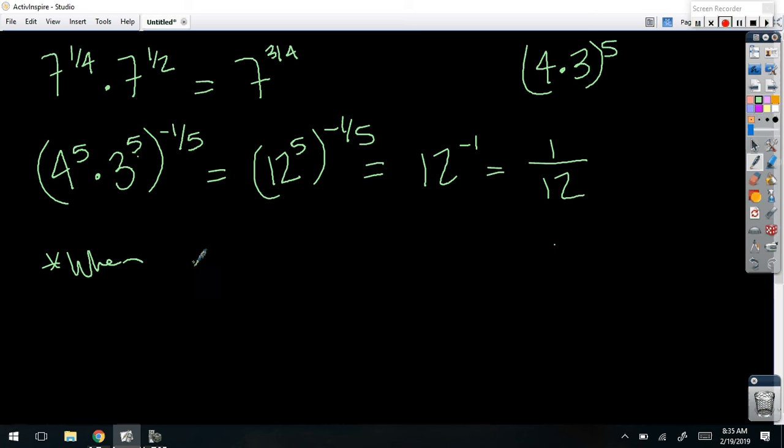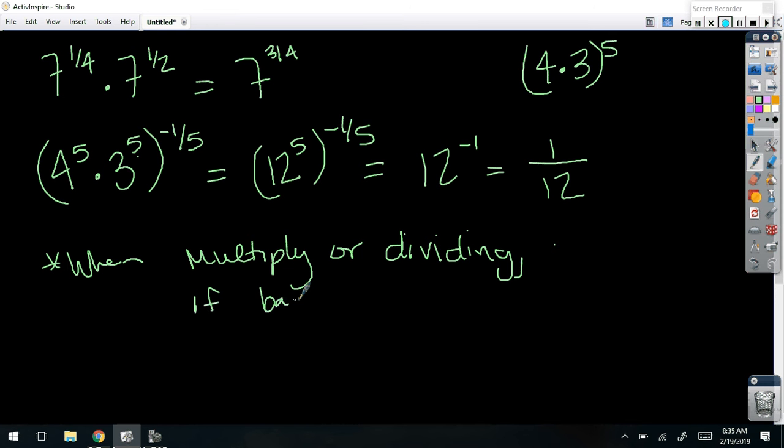So you might want to write this note. When multiplying or dividing, this is the only time it works. If the bases are the same, combine the exponents.